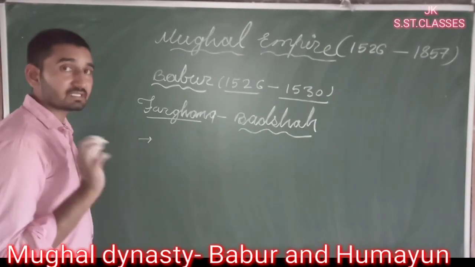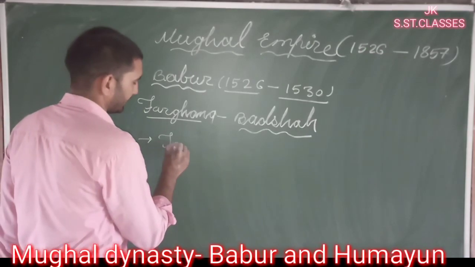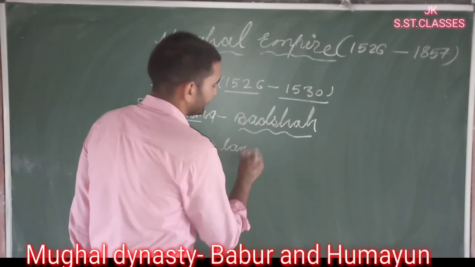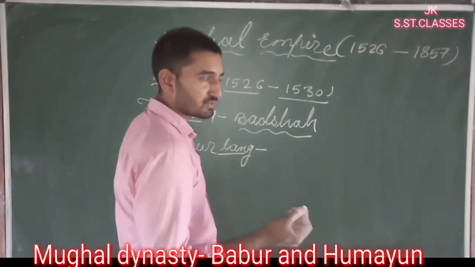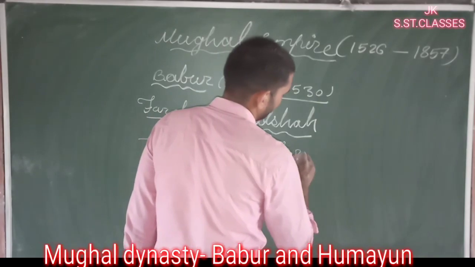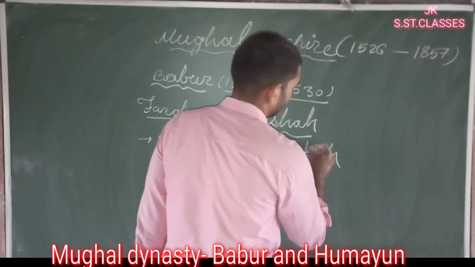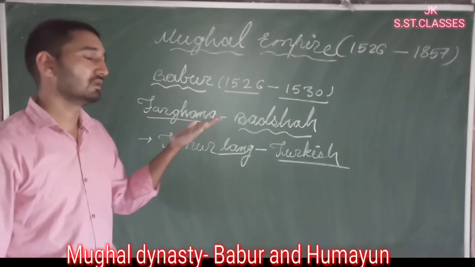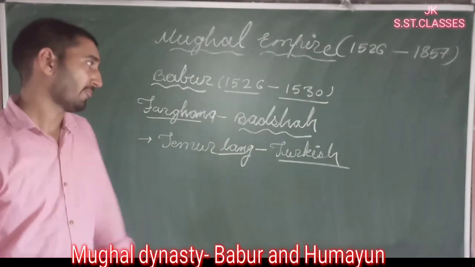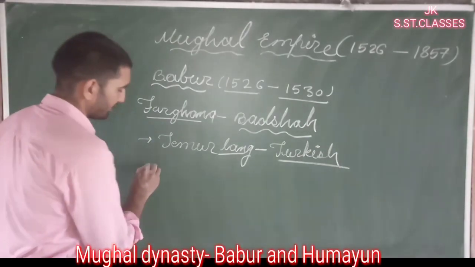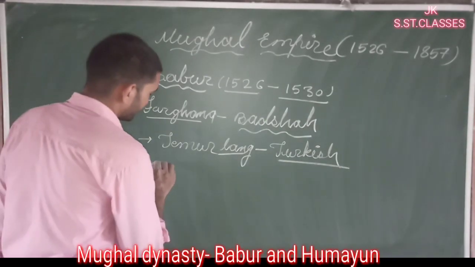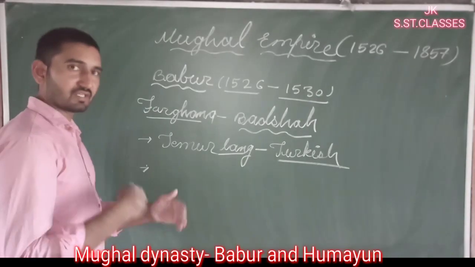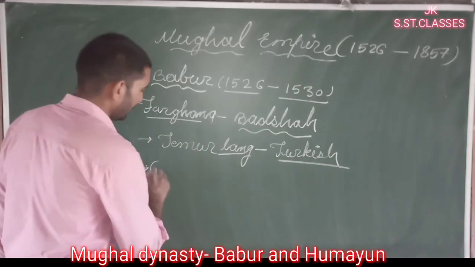Babur was the descendant of Tamerlane. Means we can say that he was a Turkish descendant, Tamerlane's descendant, from his father's side, and from his mother's side, he was related to Genghis Khan, Mongol Genghis Khan.